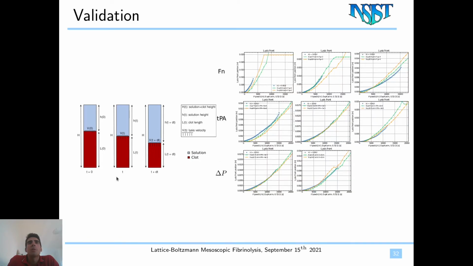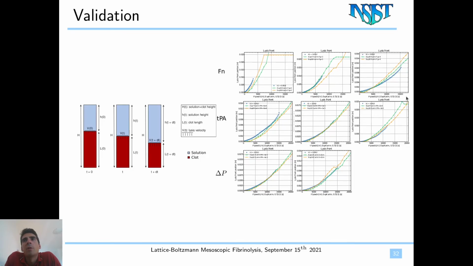So after calibration of our model, we obtained the following results for a variation of fibrin in the top row. So here we have experiments with initial concentration of fibrin of 2 milligram per milliliter, here 3 and here 4, and we see that with the same reaction constant that has been calibrated, we get pretty good agreement with the simulation data, which is in blue, compared to the experiments that are in orange and green.